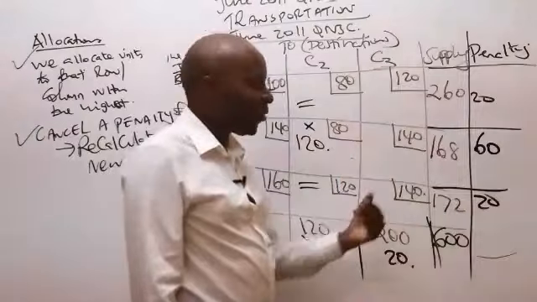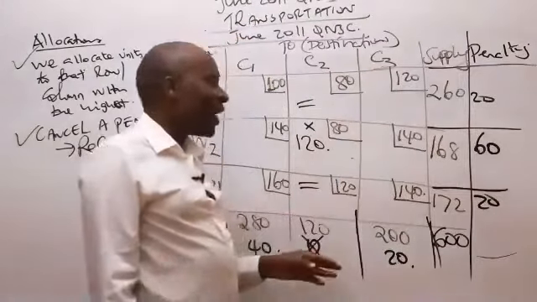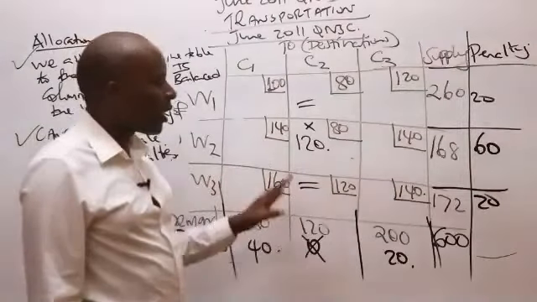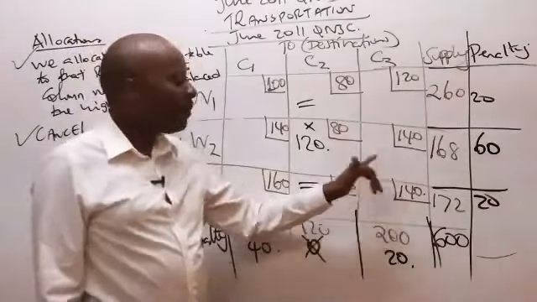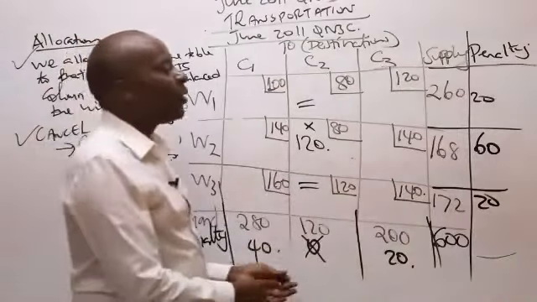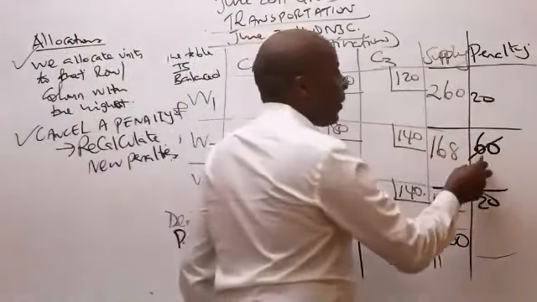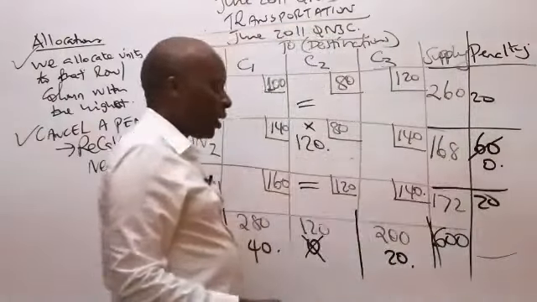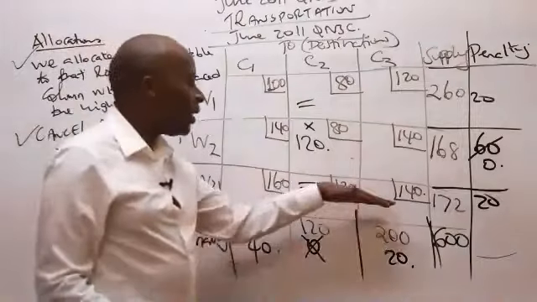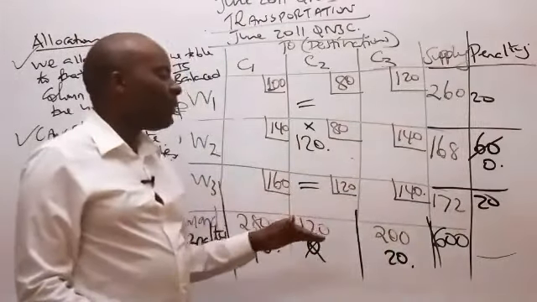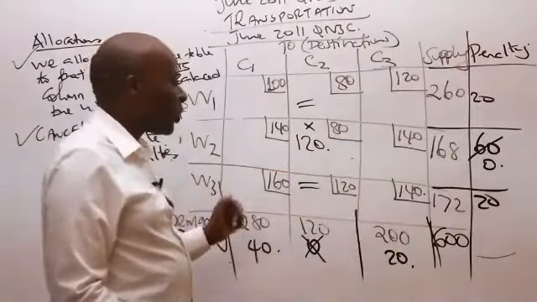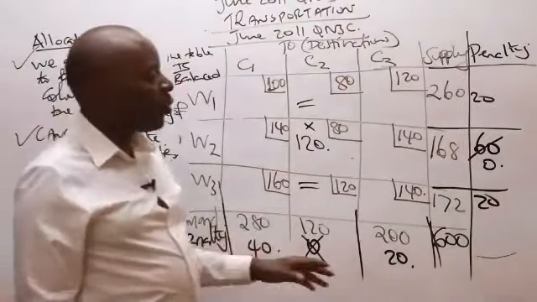I can't delete that to just write another 20. Come to this one. The best here is 140, like Victor was telling us, 140 and 140 now. Remember, this is not available. So 140 and 140 gives me a penalty of 0. When I come to the third row, the very best is 140, followed by 160. When I get the difference there, what am I getting?